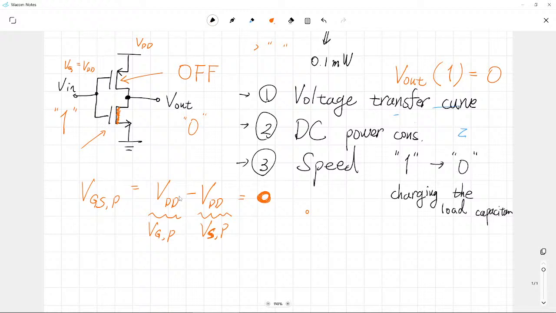Previously, in the NMOS-only system, this guy just represents a resistor, and only the NMOSFET makes this comparison: smaller, larger, smaller, larger. That was the case.